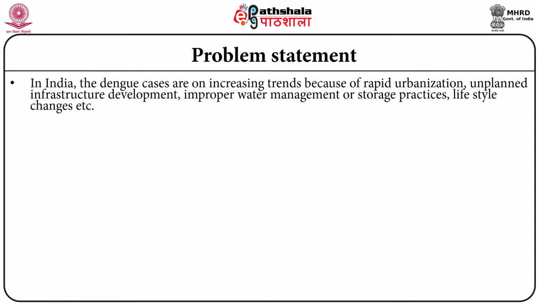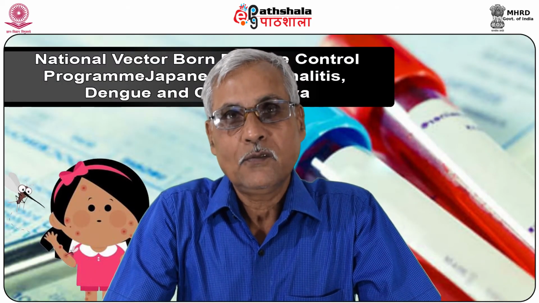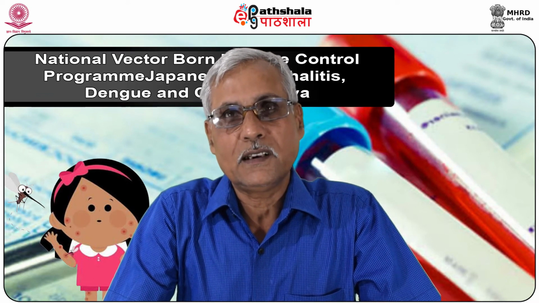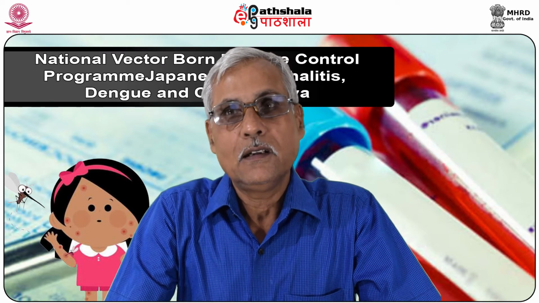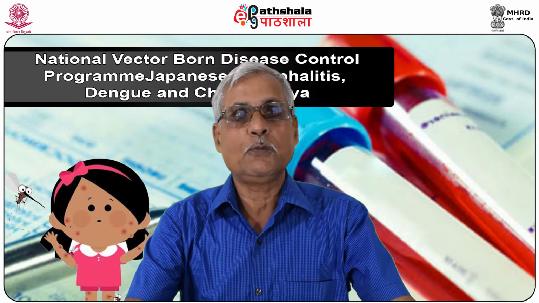In India, dengue cases are on the increase, and a number of processes are contributing to this: rapid urbanization, unplanned infrastructure development, improper water management or storage practices, lifestyle changes, and a number of domestic appliances like water coolers, flower pots, broken bottles, and so many other things that are contributing to increasing the mosquito density of Aedes aegypti, and that is responsible for this disease.